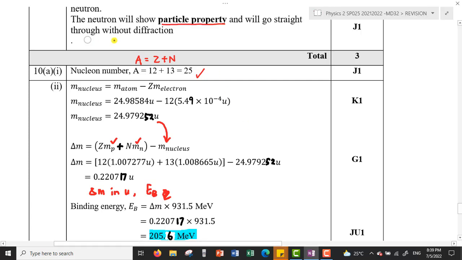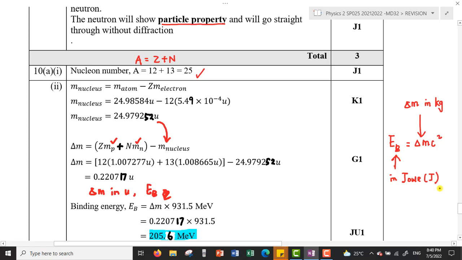So mungkin some of you might be wondering, teacher, bila kita akan guna delta MC squared? So kita akan kira binding energy gunakan equation delta MC squared, di mana sekiranya delta M kita adalah dalam kg, dan kita akan multiply with the speed of light kuasa 2, then we will get our binding energy dalam unit joule.